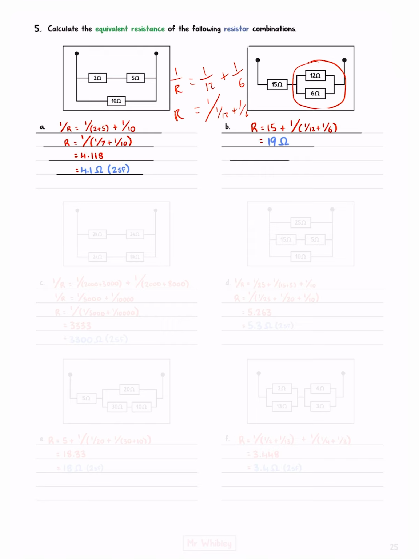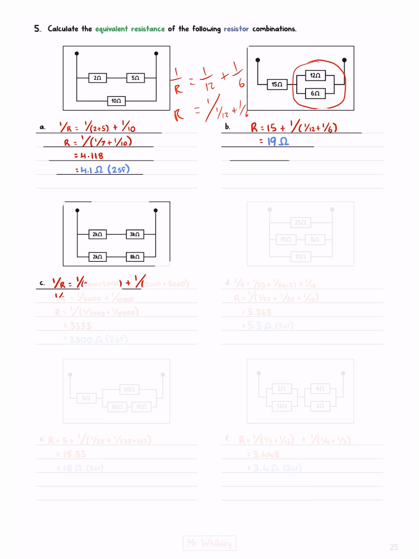For our next circuit, we have a 2 kilo ohm and 3 kilo ohm resistor in series with each other, which is in parallel with another branch containing a 2 kilo ohm and 8 kilo ohm in series. So we have two parallel objects, so our resistance is 1 over the resistance of the first branch plus 1 over the resistance of the second branch.